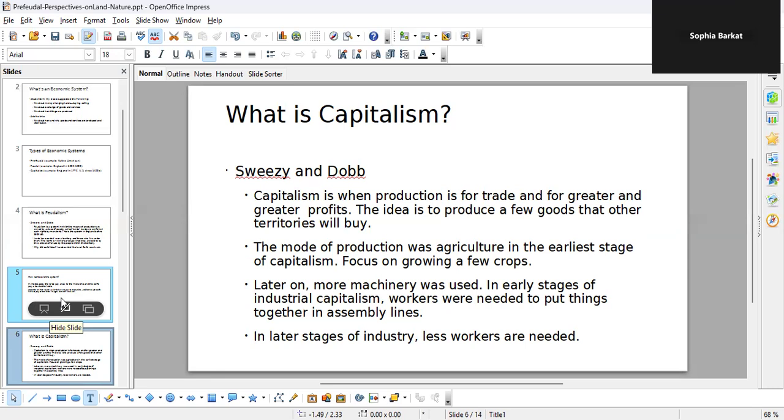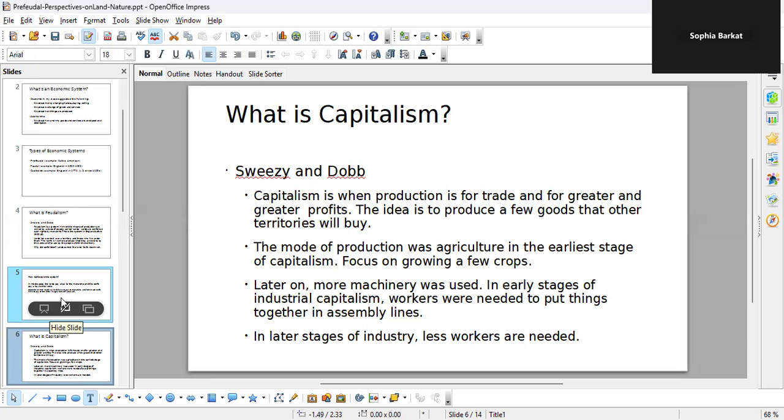The mode of production was agriculture in the earliest stages of capitalism, and here it stays the same. It's still agricultural, or it's forestry, or it's fisheries, but the focus is still extraction, right?